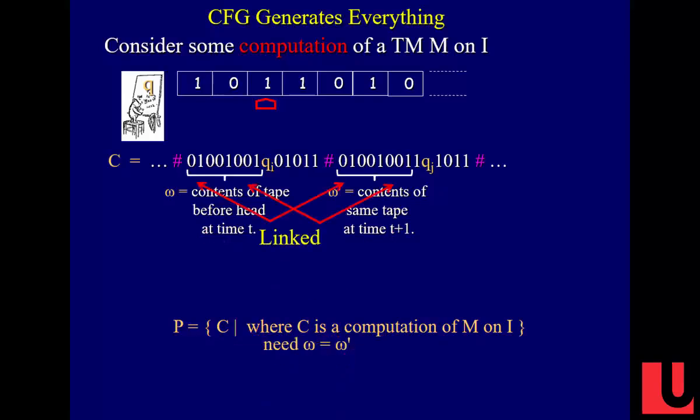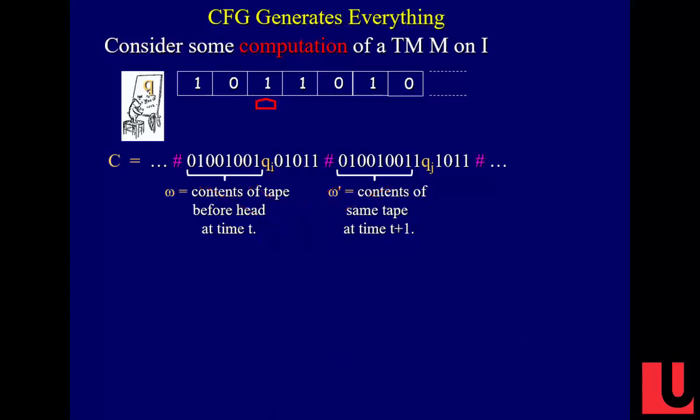Well, there's no grammar for it, because to be an accepting computation, this part of the tape has to be the same. You can't suddenly change the tape contents. It has to be the same with a small change, the same with a small change. But this kind of proves that there's no grammar which can do that.